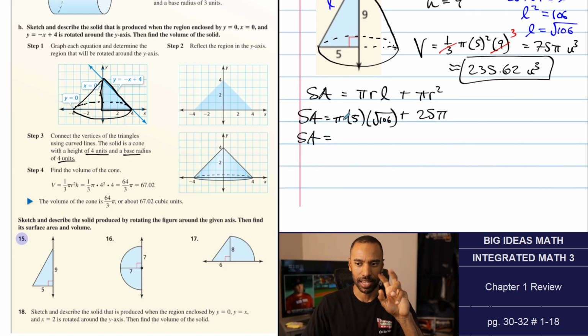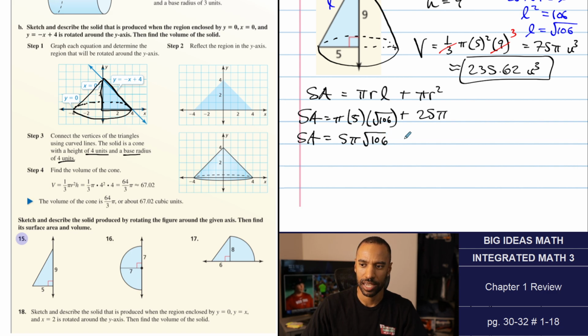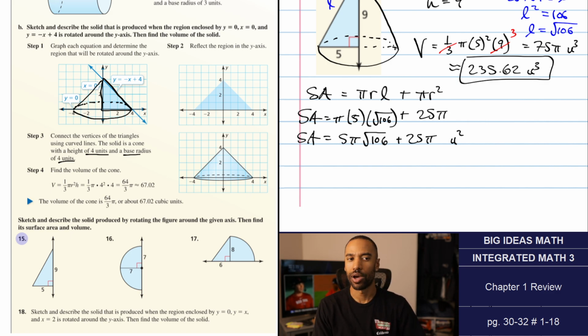So as an exact number here, we'll get 5 pi root 106 plus 25 pi, and I'm not factoring out a 5 pi from there. So that's square units, and let's use the calculator for that, guys. So 5 pi root 106, and then plus 25 pi. All right, 240.26 square units.